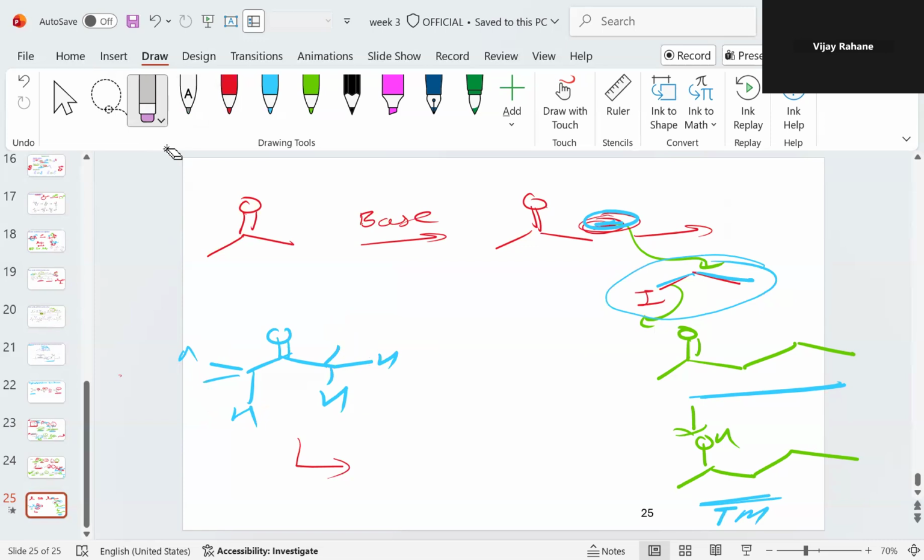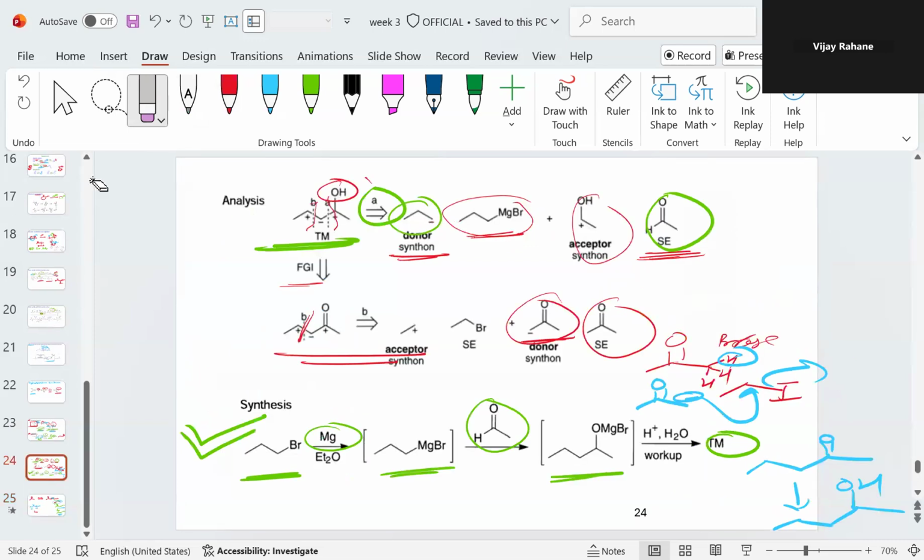Therefore, if you look at route A, which is shown here, it doesn't have such an issue. We just need to prepare the Grignard, and upon addition of this Grignard to this benzaldehyde, we get the target molecule. So there will be some cases where more than one synthetic route is possible. At that time we also need to look at whether it is practically feasible or not.